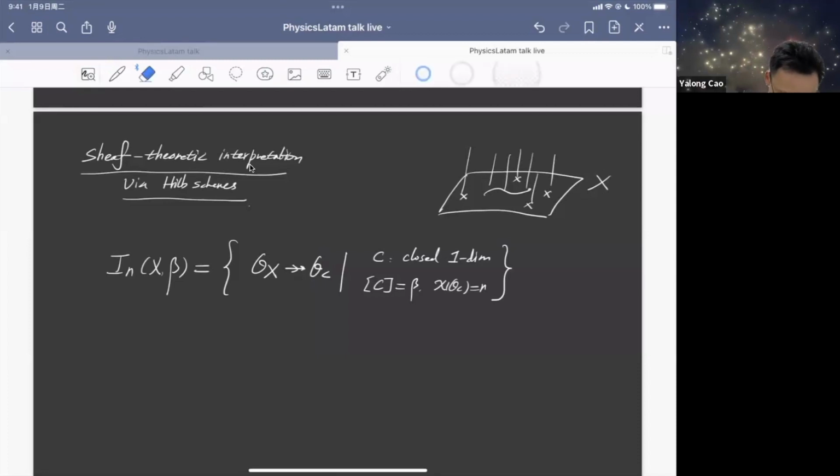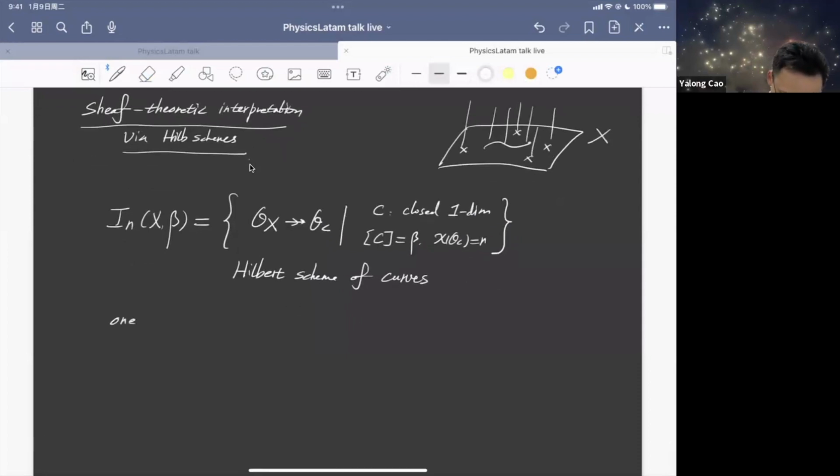Anyway, such a thing has a name, the Hilbert scheme, in this particular case the Hilbert scheme of curves. One similarly has a virtual class as before, with the same degree, and we can similarly define counts with respect to some 4-cycles, which are also integers.